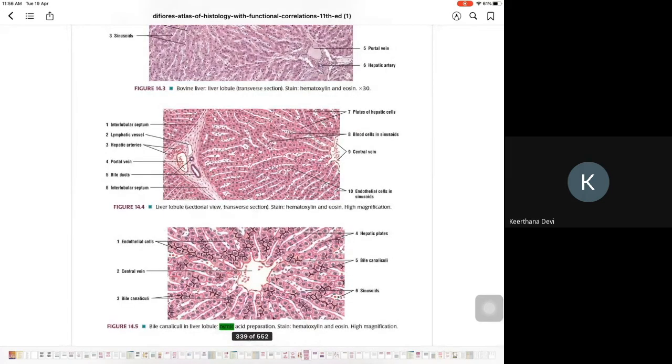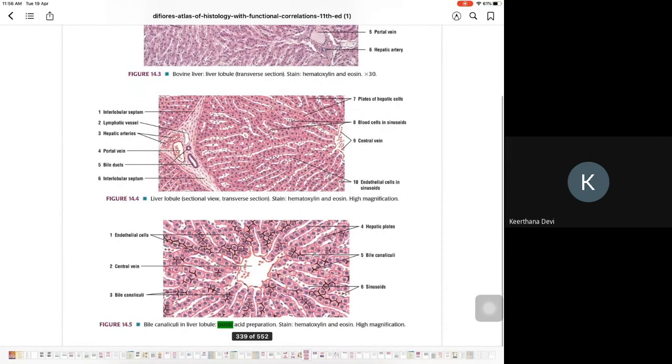Figure 14.4, liver lobule, sectional view, transverse section, stain hematoxylin and eosin, high magnification. 1 is the interlobular septum, 2 is a lymphatic vessel, 3 is hepatic artery, 4 is portal vein, 5 is bile duct, 6 is interlobular septum, 7 is plates of hepatic cells, 8 is blood cells in sinusoids, 9 is central vein, 10 is endothelial cells in sinusoids.